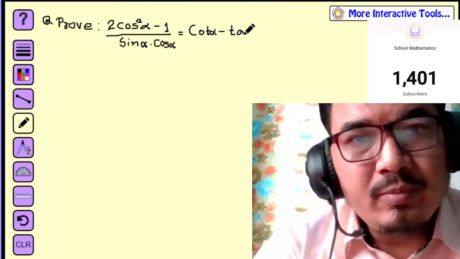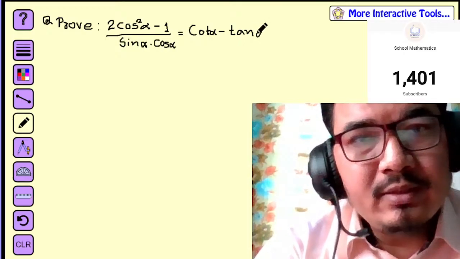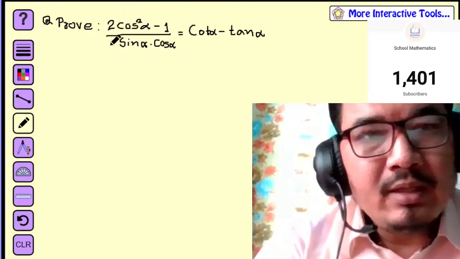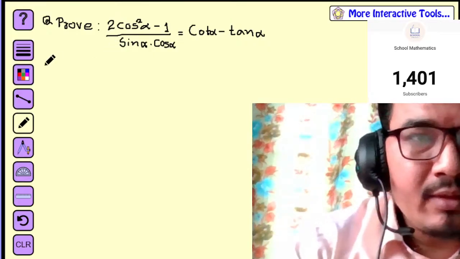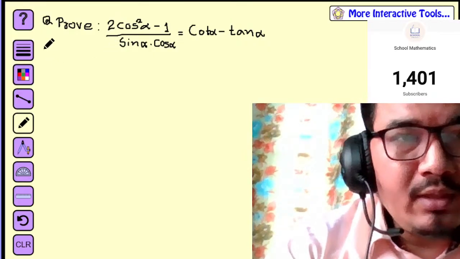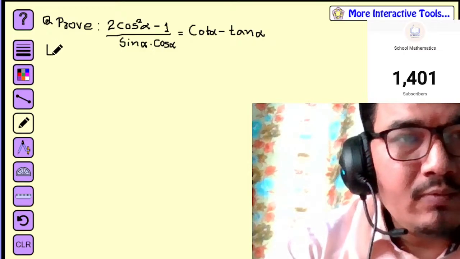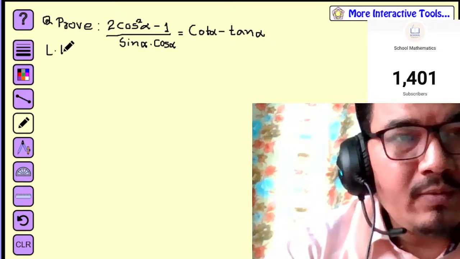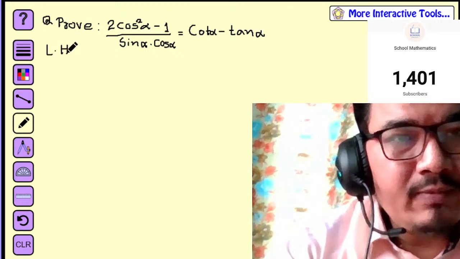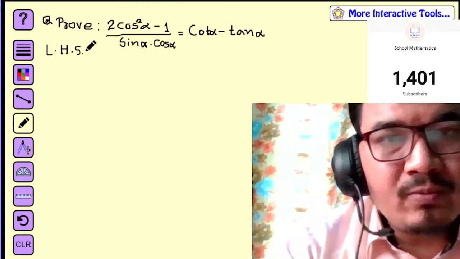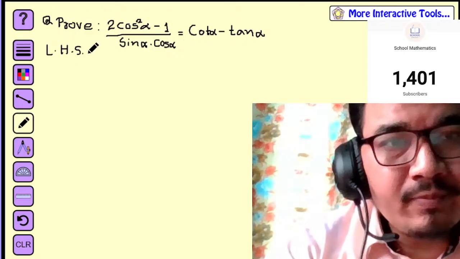This is the answer we need to bring by solving its left hand side, okay? And look here, students. First of all, we are solving the left hand side. We are simplifying the left hand side and we are trying to get this right hand side, okay?